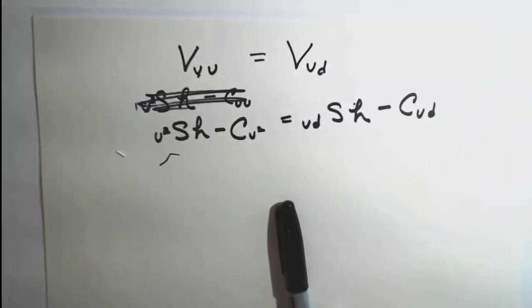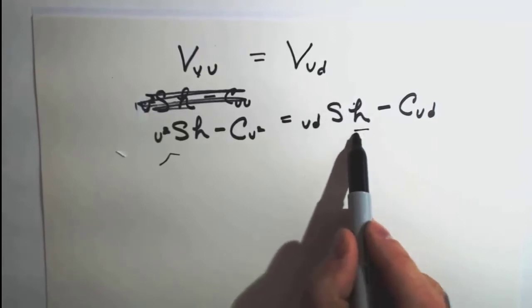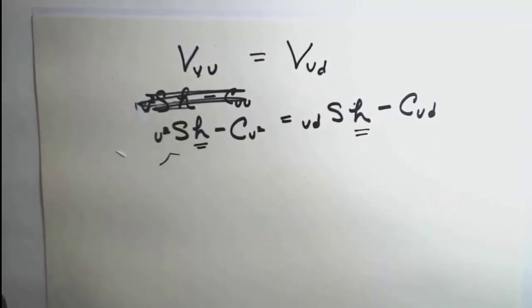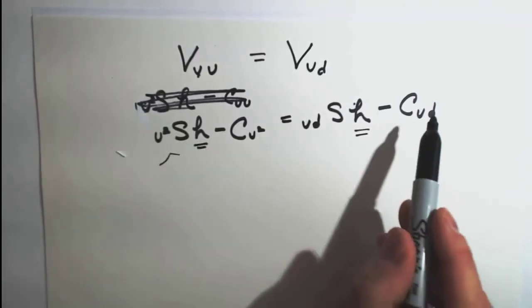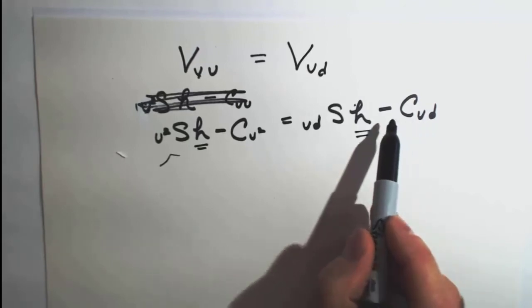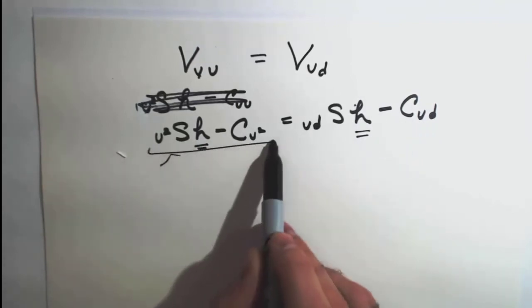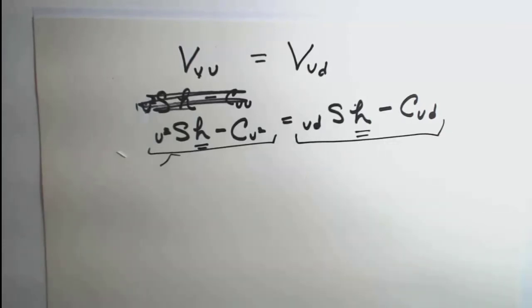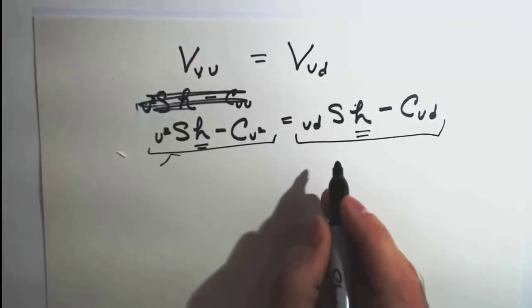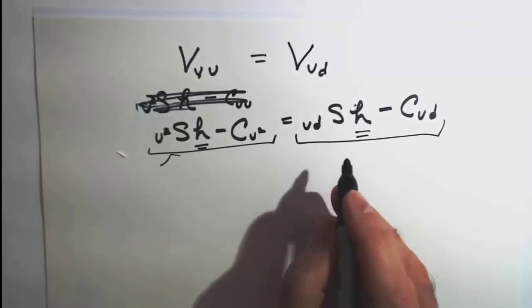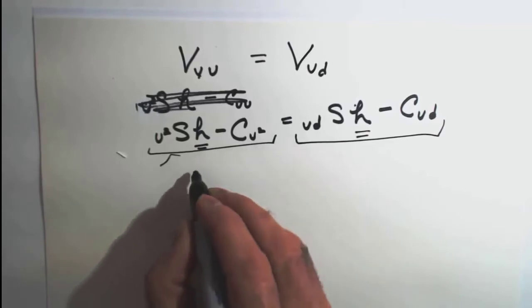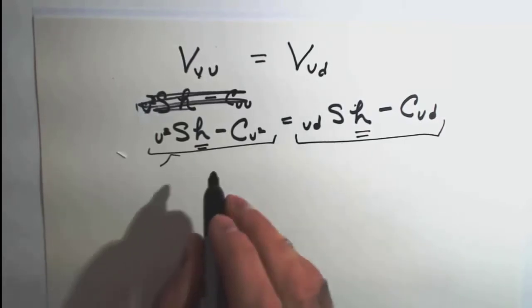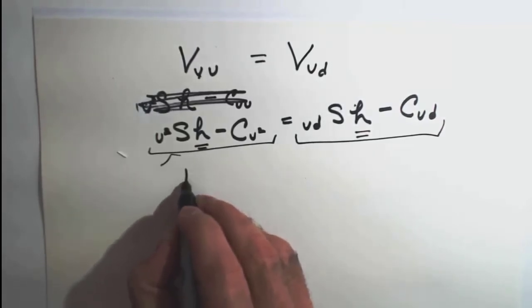So what it's saying is if we figure out the right number of H, the right number of shares, then we'll be able to figure out when this portfolio exactly equals this portfolio, the portfolio up versus the portfolio up down. So if you rearrange this and solve for H, you end up getting a nice exercise for you to do.